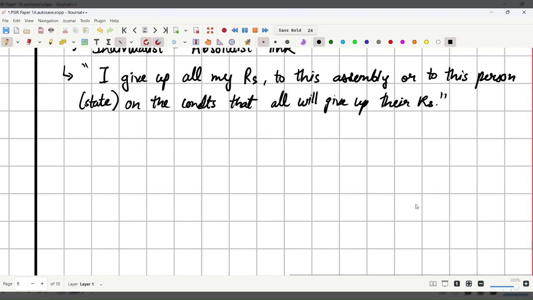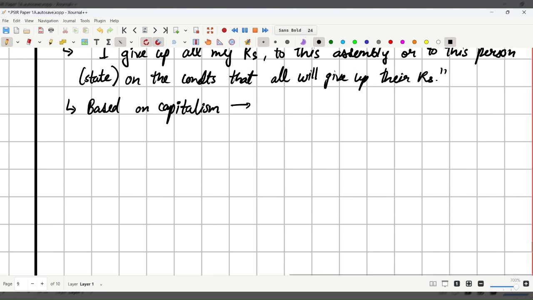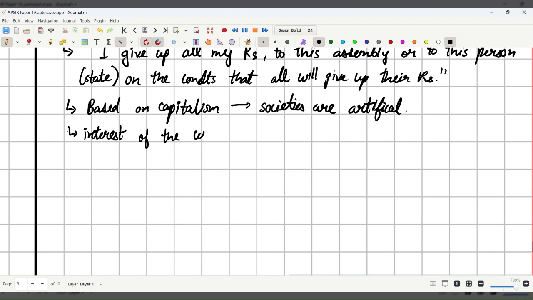Okay, so basically this tradition of social contract is based on capitalism. Sorry, if an economy is run in capitalism, it runs by contract. Okay, so societies are not natural. Basically, societies are artificial, and social contract is basically in the interest of the weak. Okay, so you can link here the Sophist thinker, Glaucon.